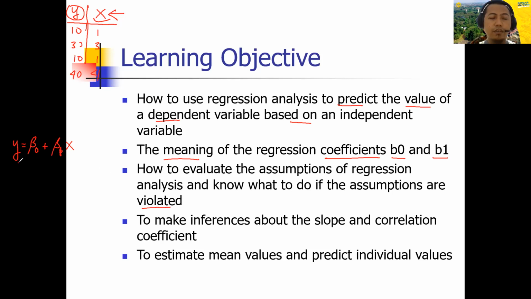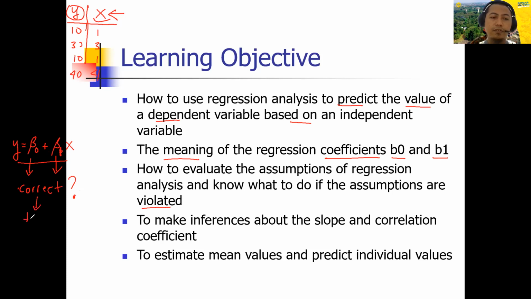We want to check whether our predictor in this case is correct or not. How to determine whether the predictors beta 0 and beta 1 are correct or not?